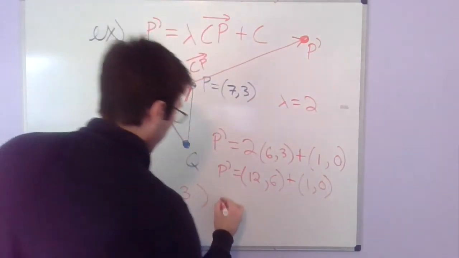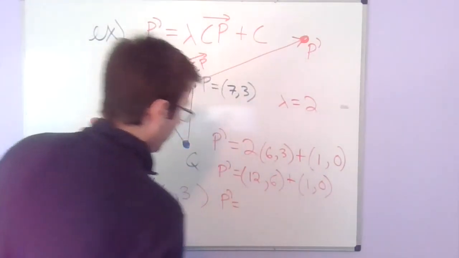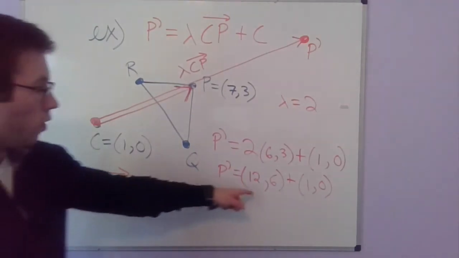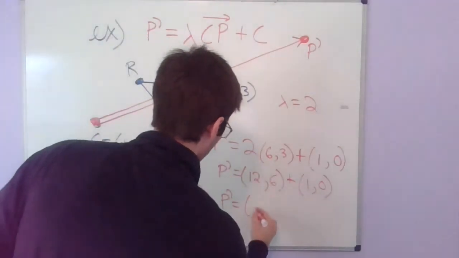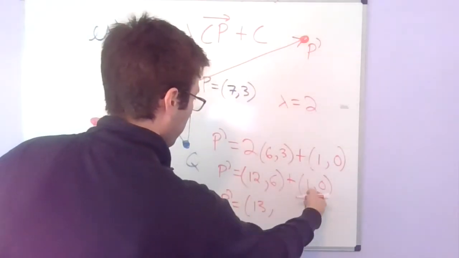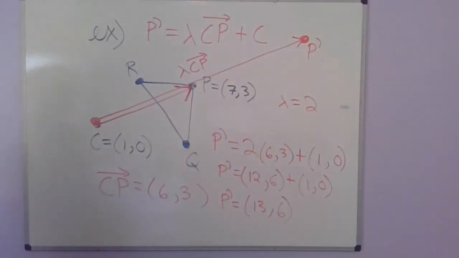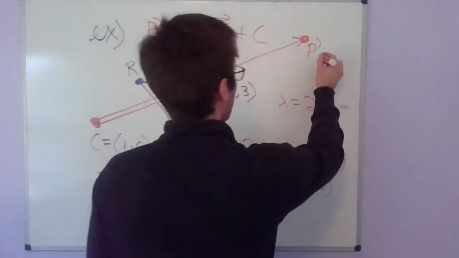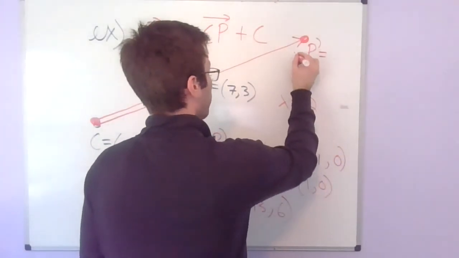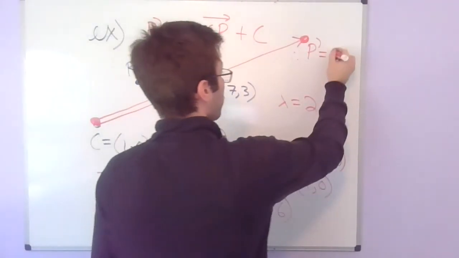So the point P prime would be equal to 12 plus 1 is 13, and 6 plus 0 is just 6. So that point P prime would be mapped in space to the point 13, comma, 6.